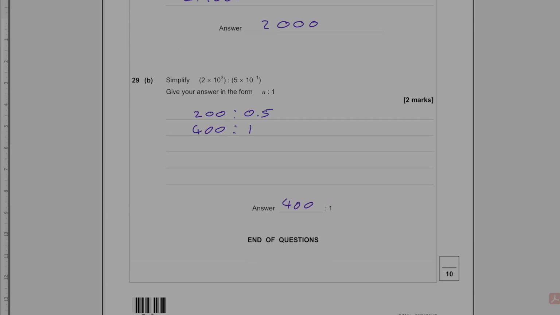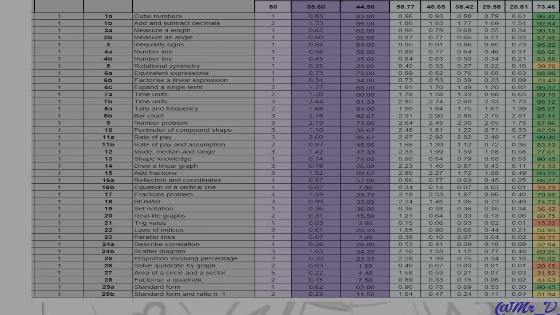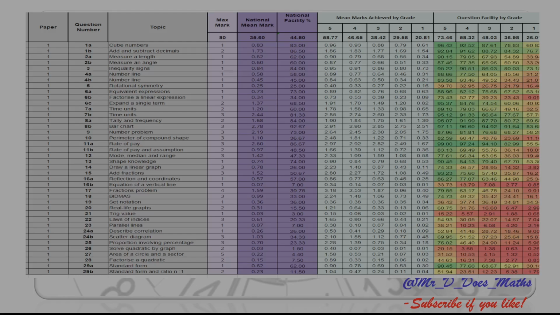And that brings us to the end of the paper. Right, before I sign off, I'll bring up that advanced Q&A again. Hopefully you've kept track of your marks. If not, you might want to go back and check. For a grade 5 on that paper, you were looking at 59 marks. For a grade 4, 47.